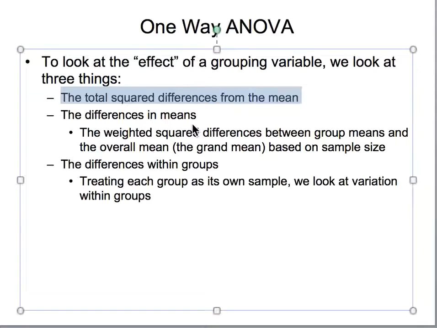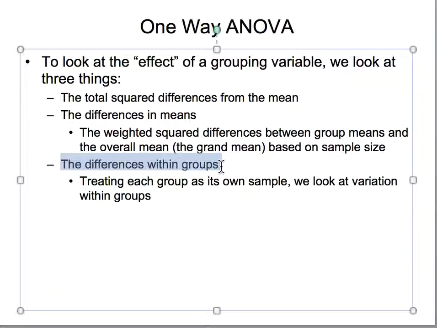Now that total splits into 2 different parts. One is the difference in the groups, or the means of the groups, meaning that the blue-eyed people are going to be different from the brown-eyed people, and the brown-eyed people might be different from the green-eyed people, and the green-eyed people might be different from the blue-eyed people. And so the question is, how much of this overall difference can be attributed to which group you're in?